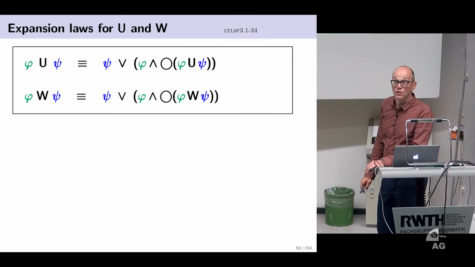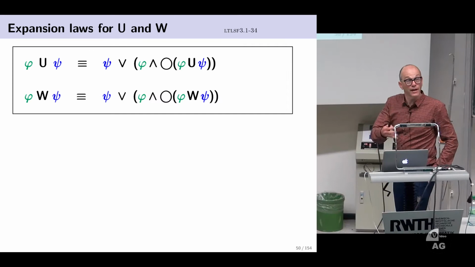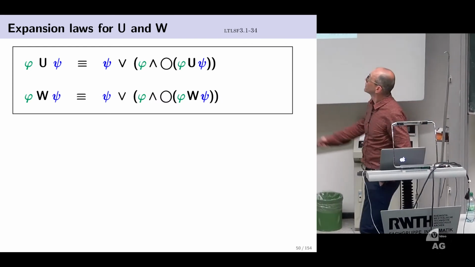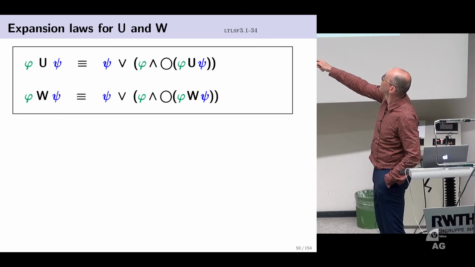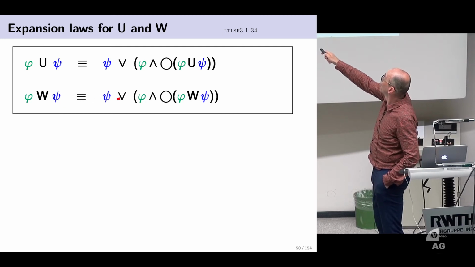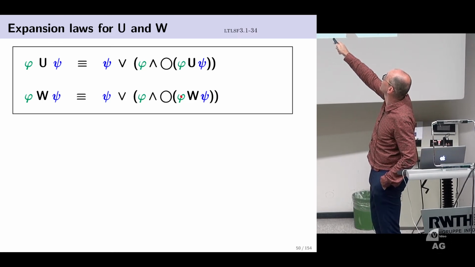Yeah. So emphasizing again the fact that those fixed point equations can have several solutions, phi unless psi is either psi holds now, or then phi should hold, and from the next position on you have to establish phi W psi.